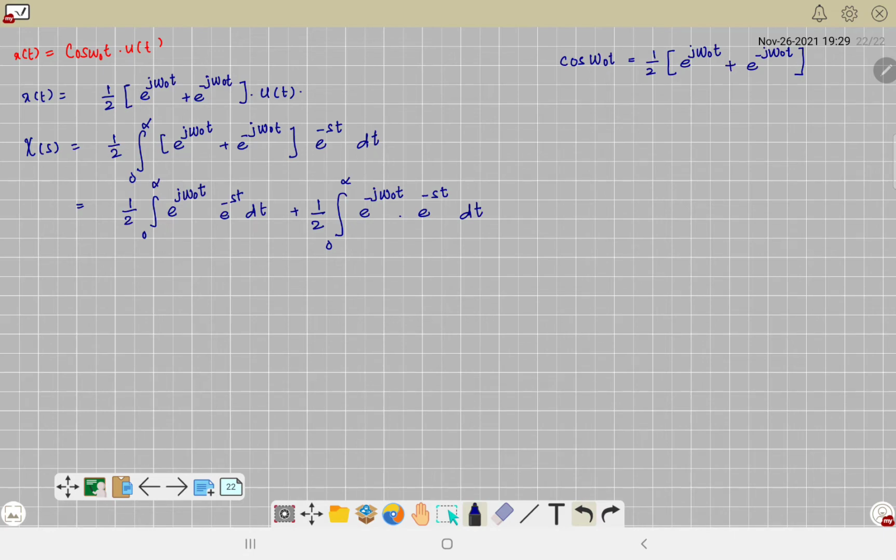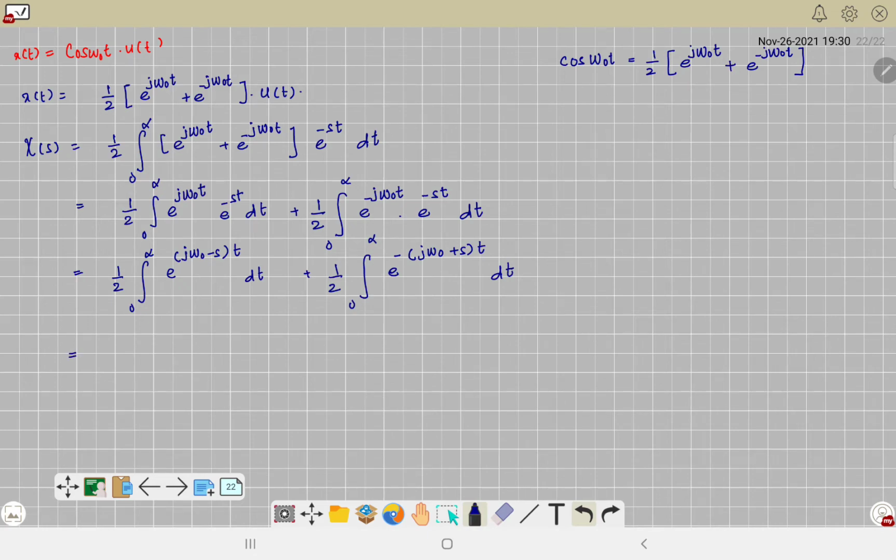So if you wish, you can just combine these two exponentials. So this will be 1/2 integral e raised power j omega naught minus s into t dt, plus 1/2 integral e raised power minus j omega naught plus s t dt.